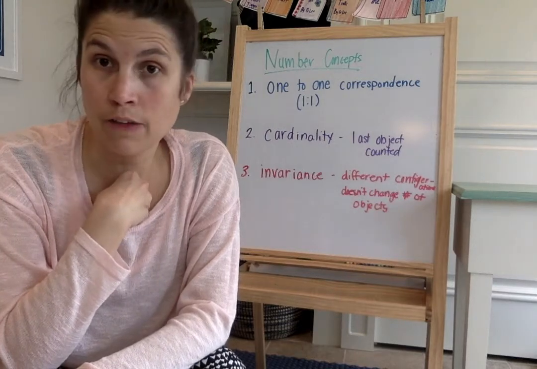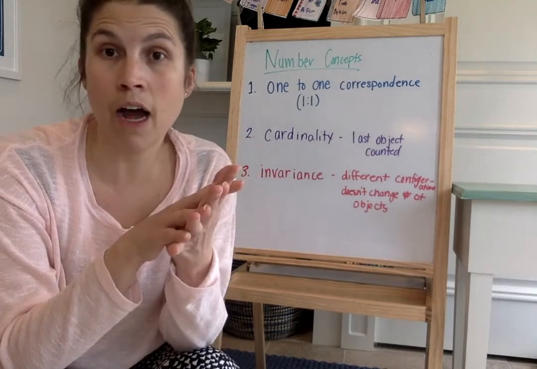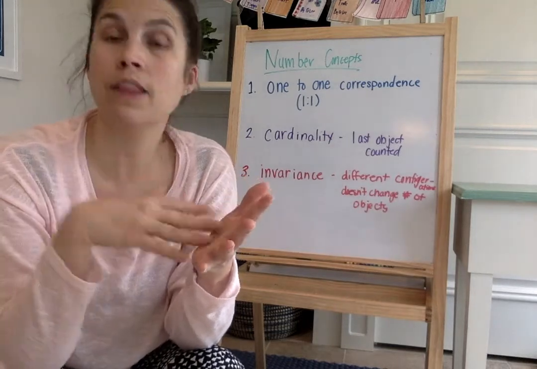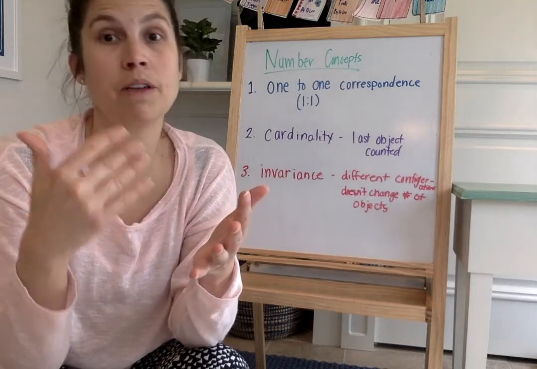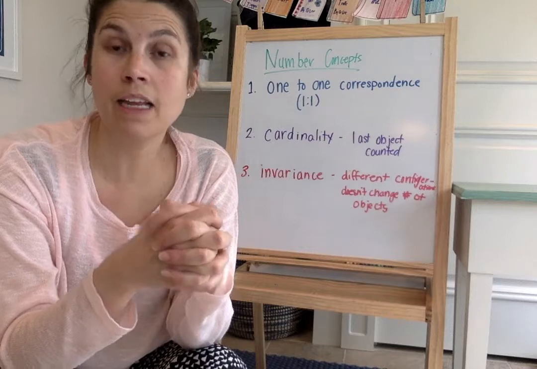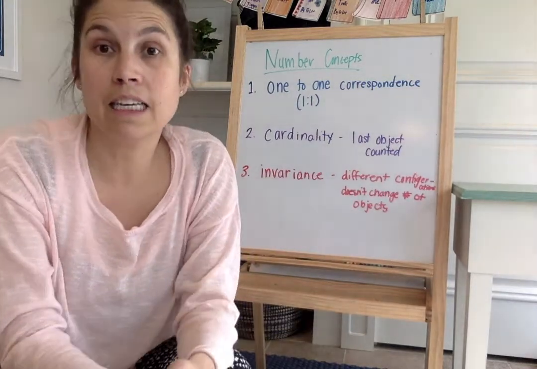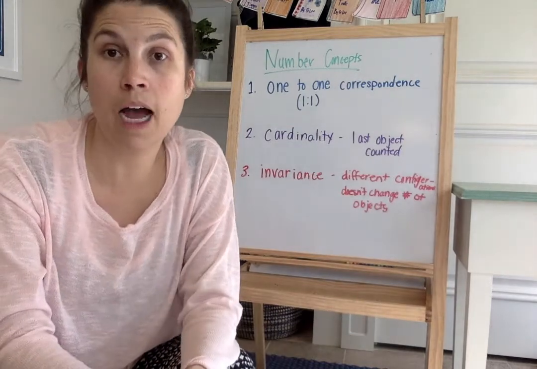If your student is having trouble with this, start with a lower number, so kind of less than 5 objects. Once they master that, then you can move up to 10, then move up to 15, then move up to 20. Once they kind of get 20, then increase it to 30, 40, 50. It's easy to start with toys and objects.